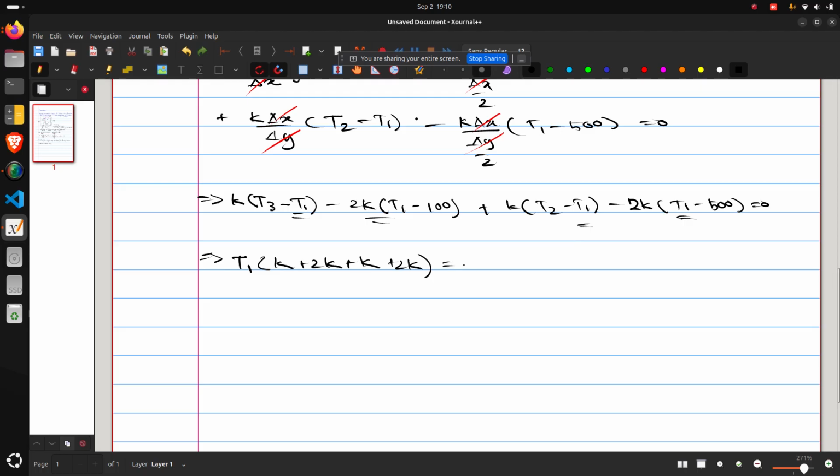Alright, the remaining terms are k T3 and k T2, all the terms are done. Now only the b term, right? So it will be 2k times 100 plus 2k times 500, equal to, okay, not equal to 0, I'm sorry.